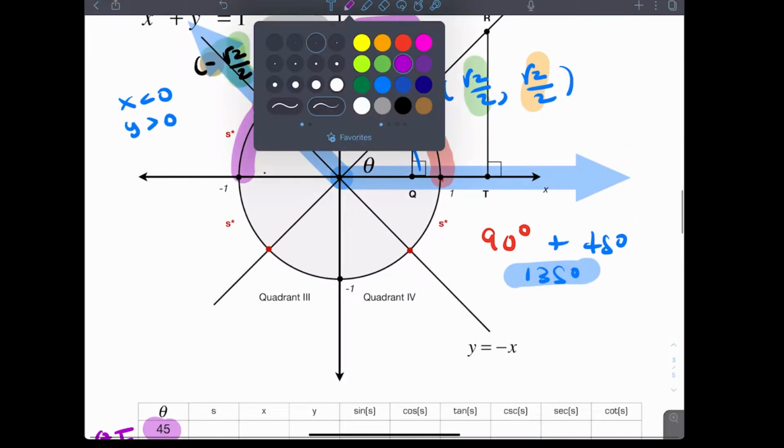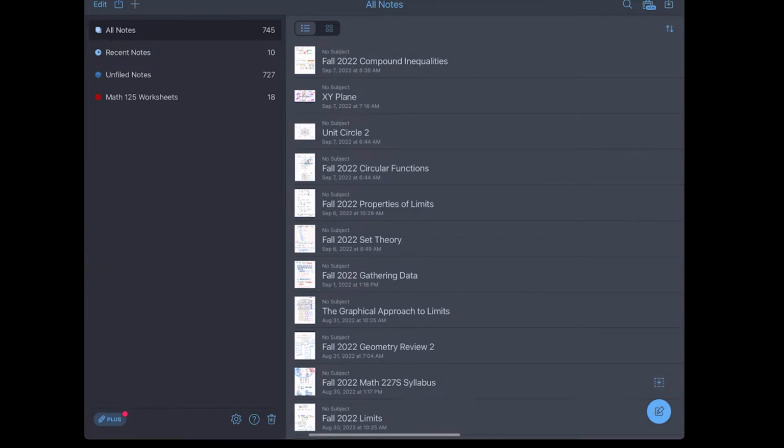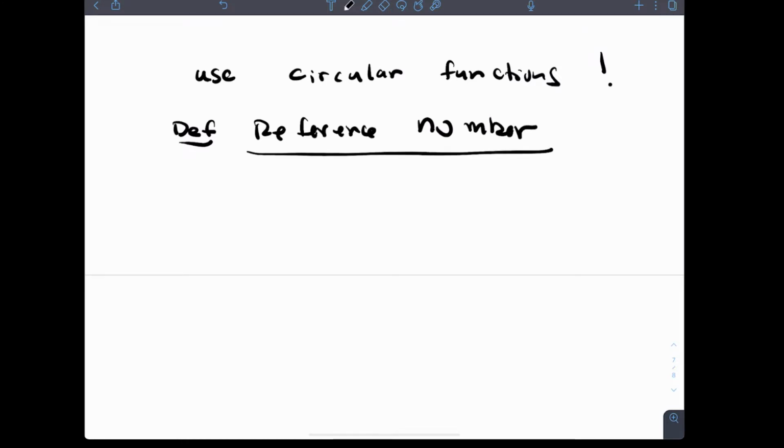The book calls this a reference number. So let me give you the definition of a reference number for circular functions. You're going to use this for a long time. I call it like the reference angle. Your book goes to radian measure and calls it reference number.